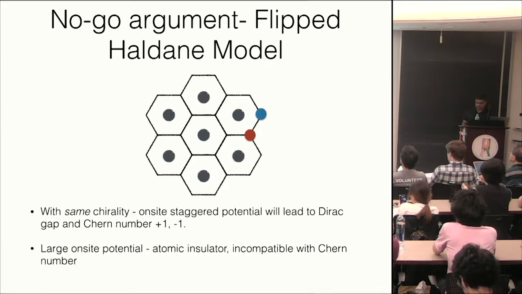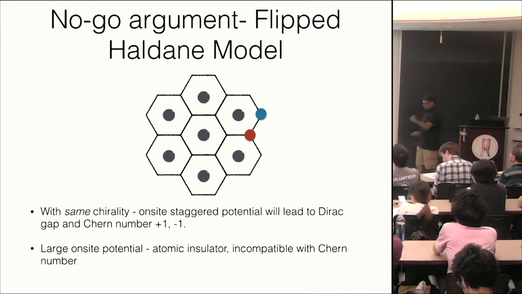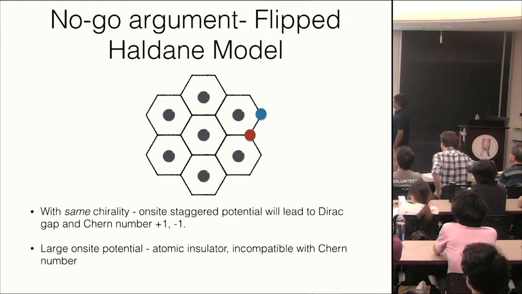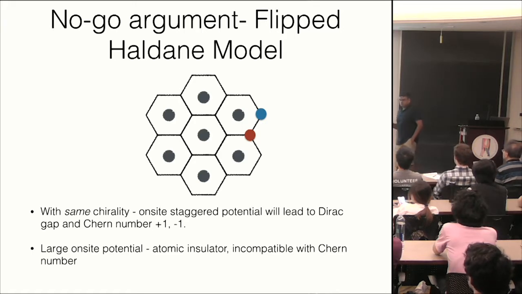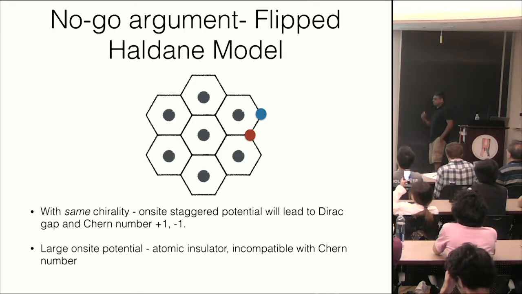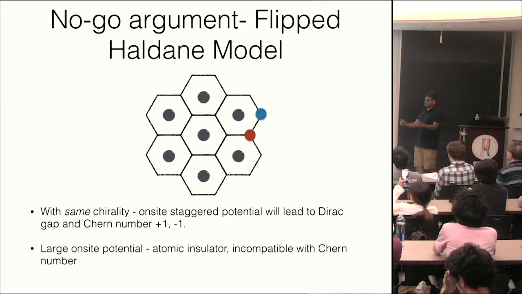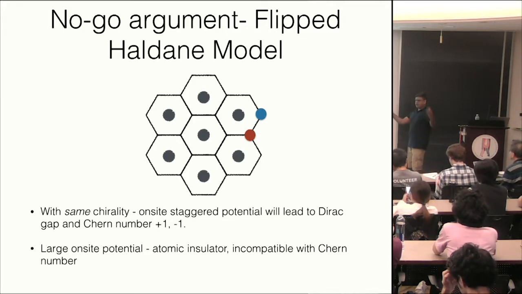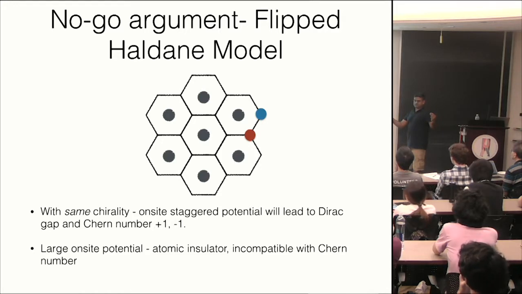It's related to the topology of the band again. This is sort of a proof by contradiction. Imagine there was some model where you just had two sites in the unit cell, and you magically got this band structure with the two Dirac points with the same chirality. Now, in this two-site model, let's imagine you add a staggered potential.